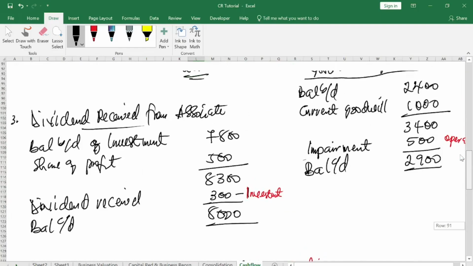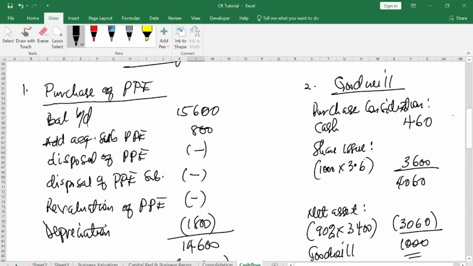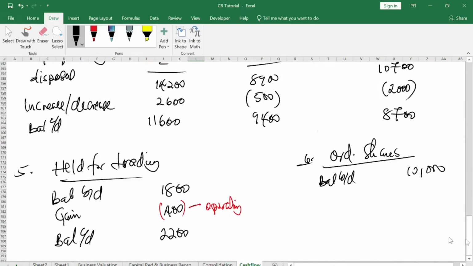It is here, when we are calculating the purchase consideration. So you come here and say to subsidiary, 3,600. When you add it to the 10,000, these are the total shares that you have: 13,600.